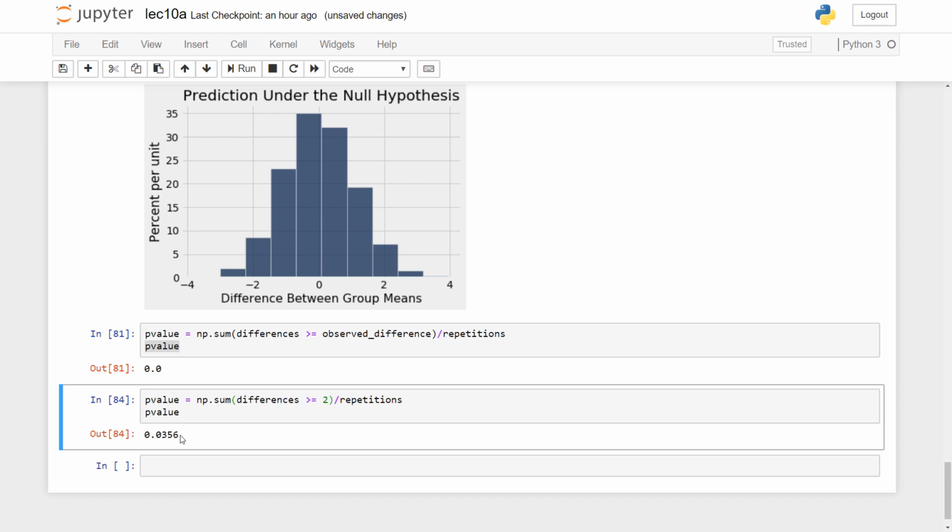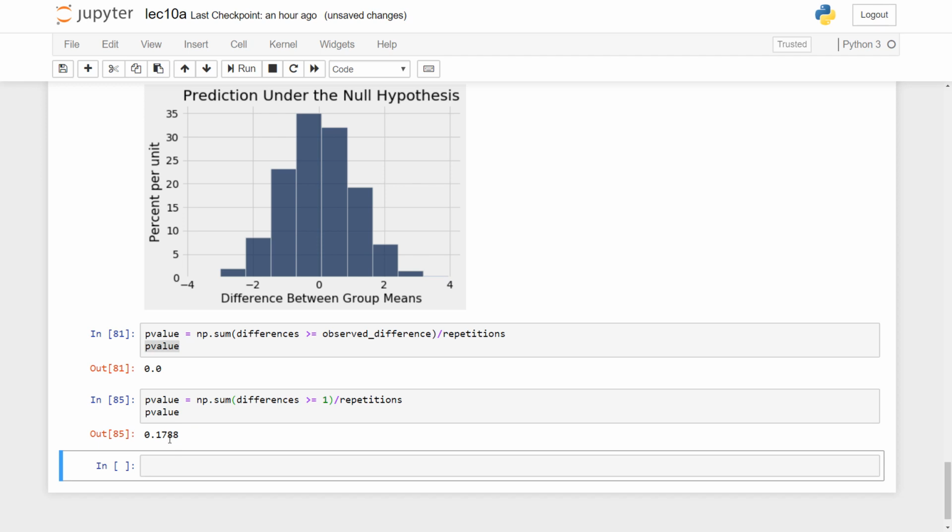In this case, it is just statistically significant because it's less than 0.05. In the earlier case, it is both, highly statistically significant because it's less than 0.01. With the case of 1, the value was not less than 0.05, so it is not statistically significant, and we cannot reject the null hypothesis.